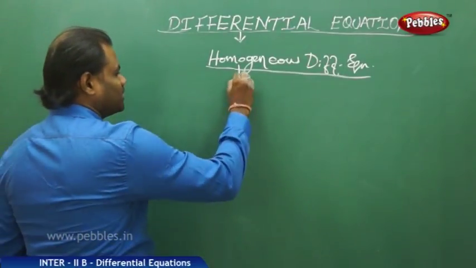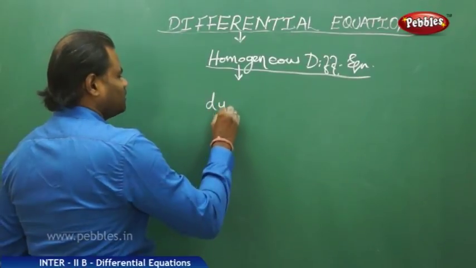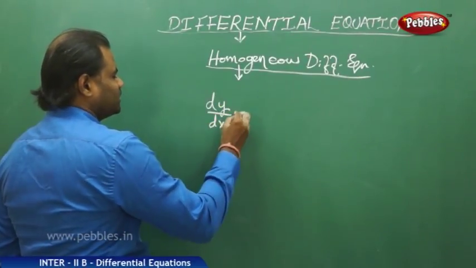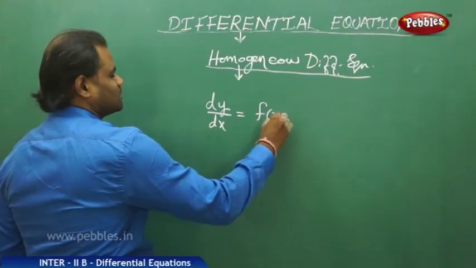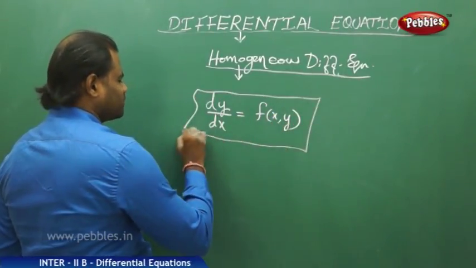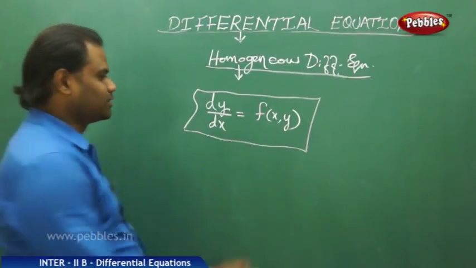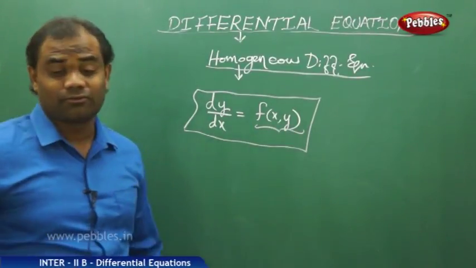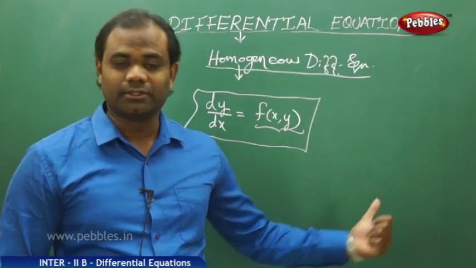That is, if I take a differential equation of first order and first degree, dy by dx equals f of x, y, this is called a homogeneous differential equation if this function is a homogeneous function, which we have discussed in the recent session.